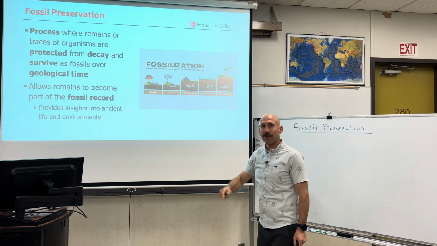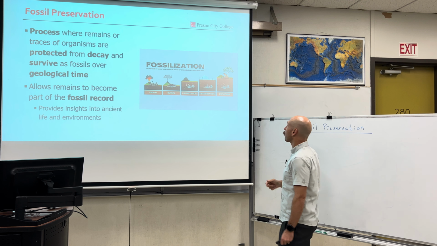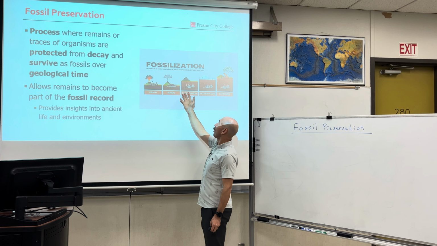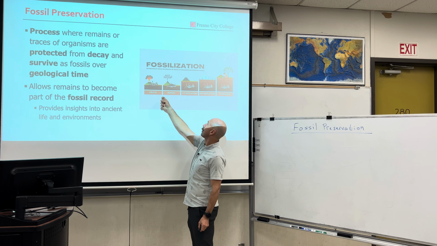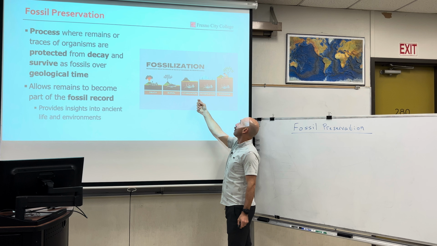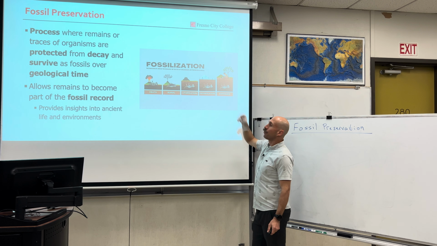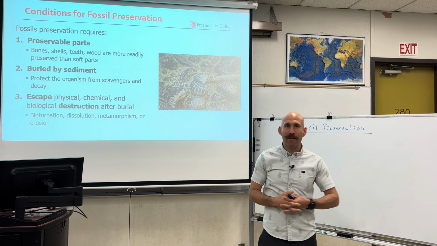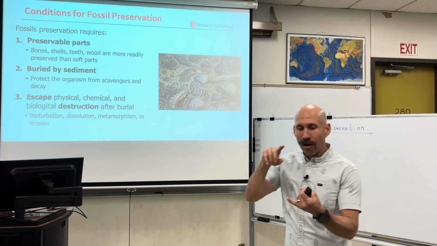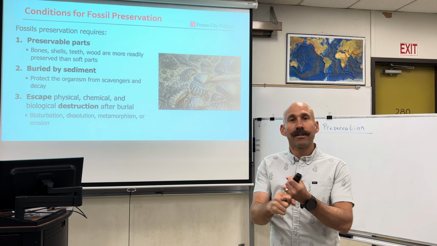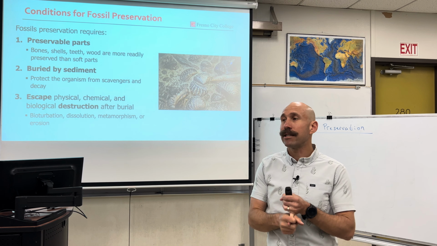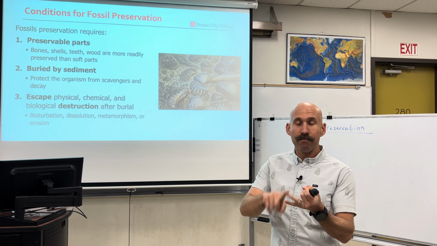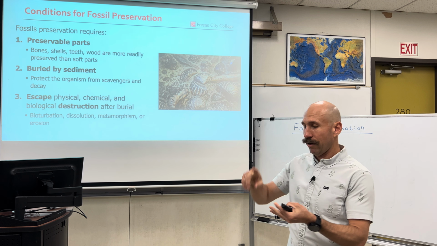I go over this in more detail in my introductory lecture. Fossilization is the process where the death of an organism is followed by burial, lithification, and preservation into the rock record. So, the requirements for a fossil: there are preservable parts. Some parts of organisms are more easily preserved: teeth, bones, shells.